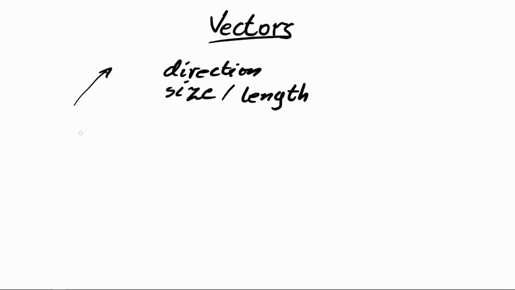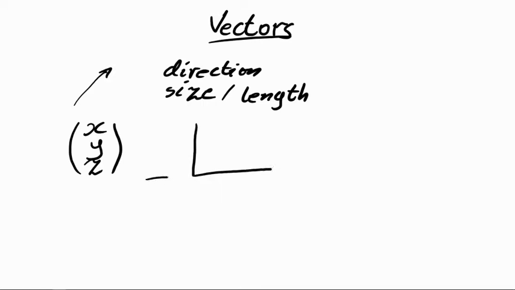The way we're going to represent this is with three numbers, x, y, and z. And you might be asking, how on earth do these relate to the direction, the size? They seem completely unconnected.